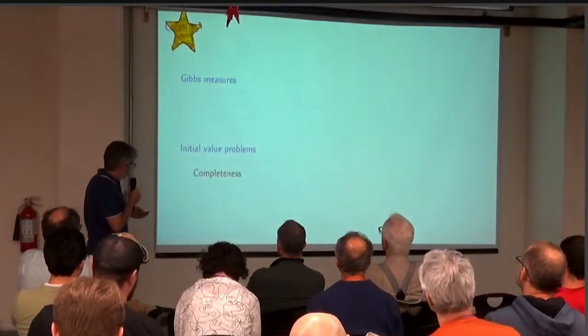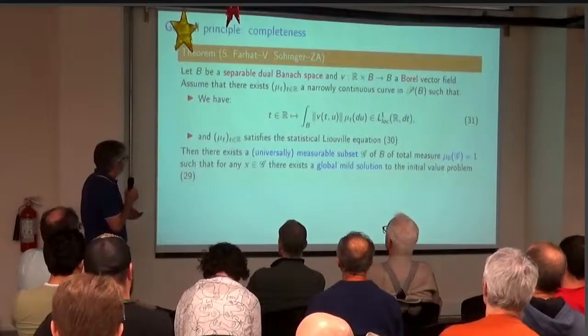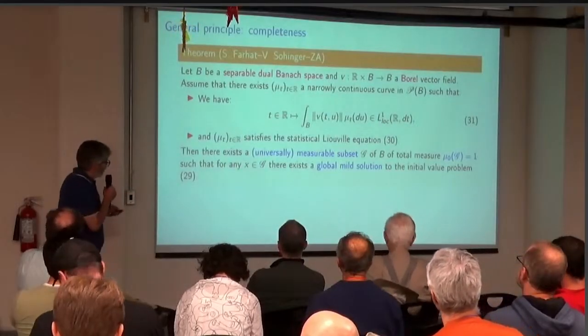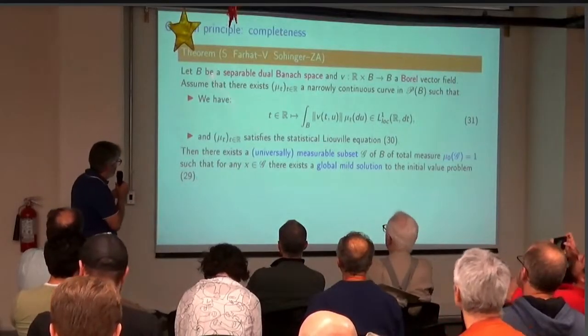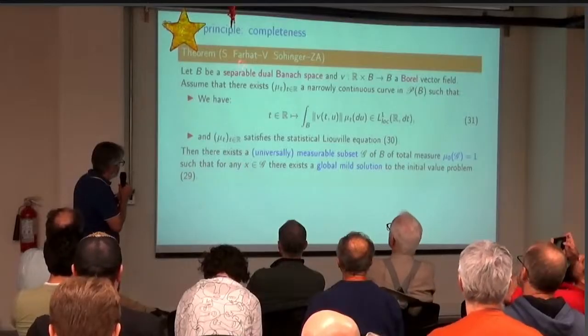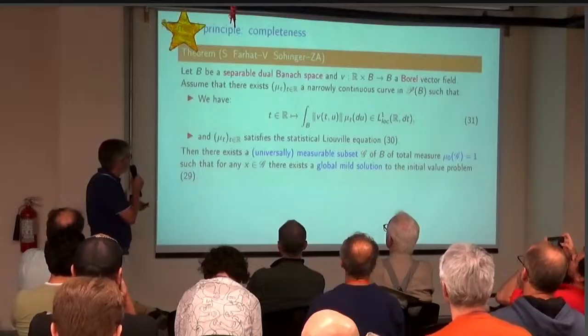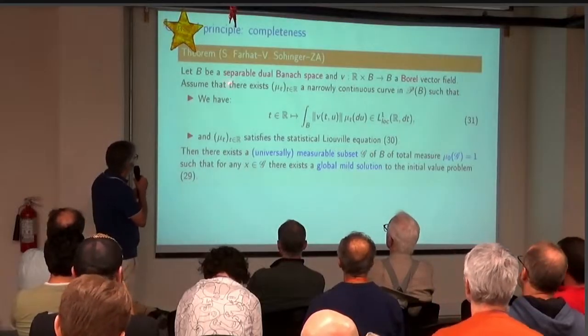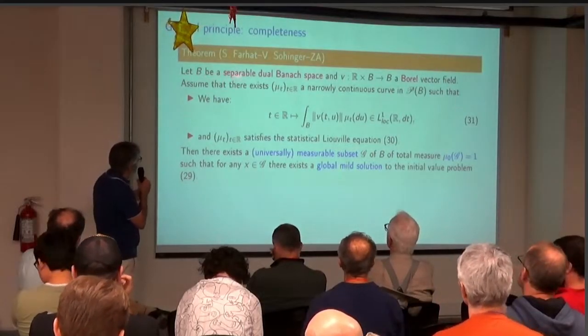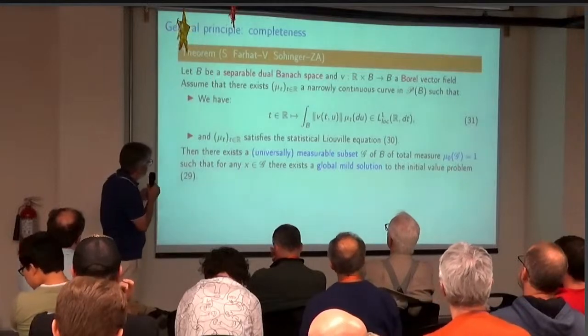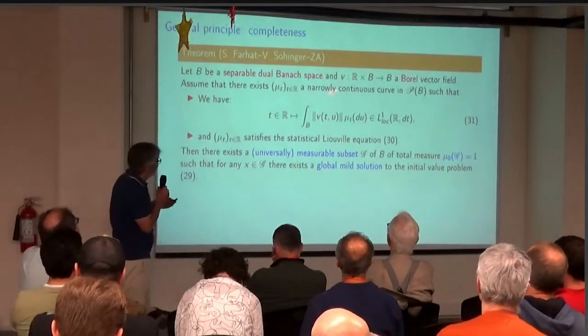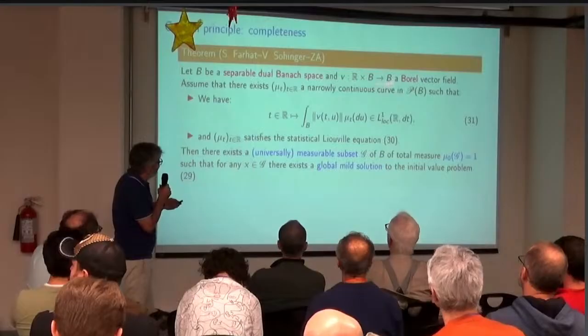Now we come back to completeness. Let me explain our second result with Shahnaz and Badran. Let me recall the setting. You take a separable Banach space, or a separable dual space, and a Borel vector field.